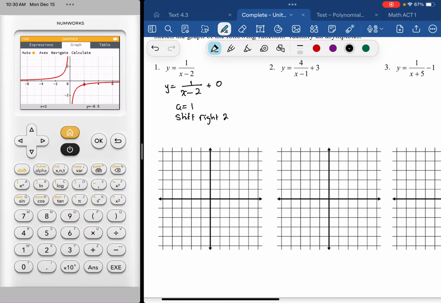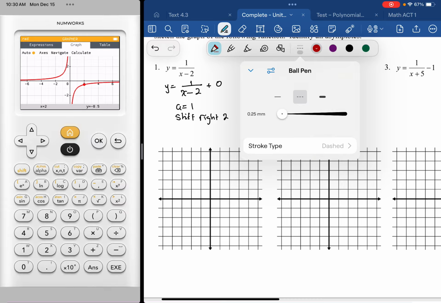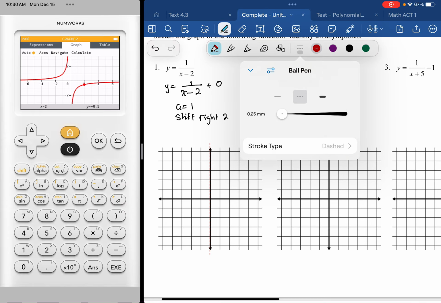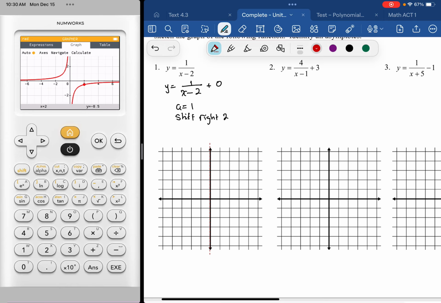All right, so I'm going to draw some dashed lines, and then I'm just going to move them. So normally my asymptotes would be on the axes. I'm going to take my asymptote and shift it to the right 2 units. I'm not going to shift it up or down.